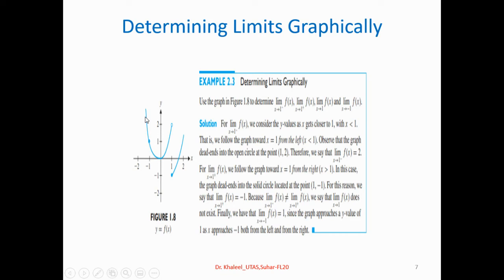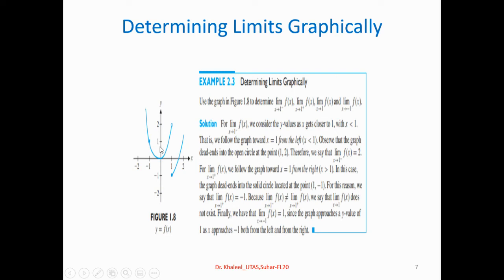You see how the graph is coming here, and you get 1. So the left-hand limit as x tends to -1 minus is equal to 1. The right-hand limit, the limit of f(x) as x tends to -1 plus, is also 1.